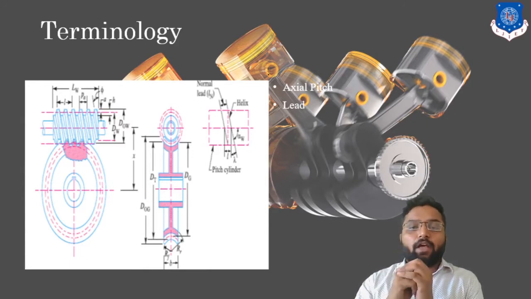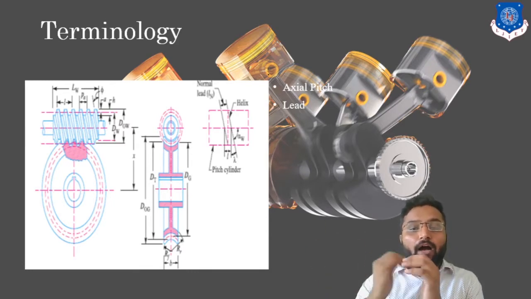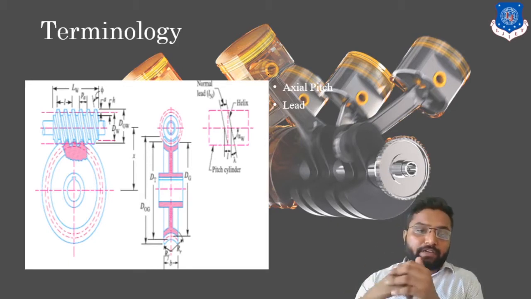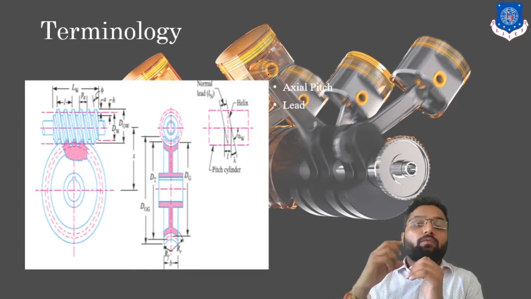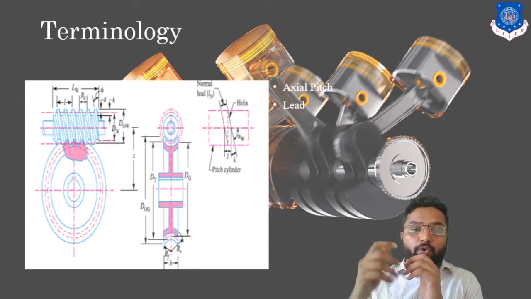Second is lead. Now, what is lead? Lead is nothing but the axial distance covered by our worm while revolving for one turn. Clear? While it is revolving for one turn, that is called the lead, and it will help us find out what distance is traveled by our worm with respect to our wheel for one revolution, or you can say one rotation.